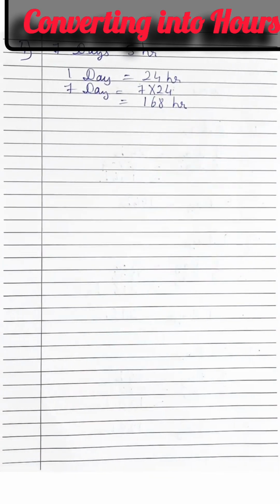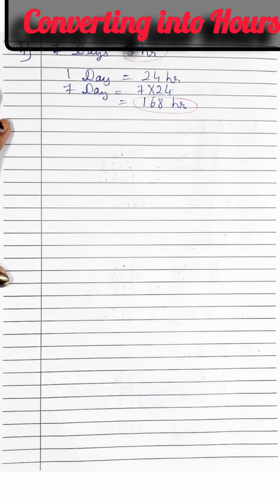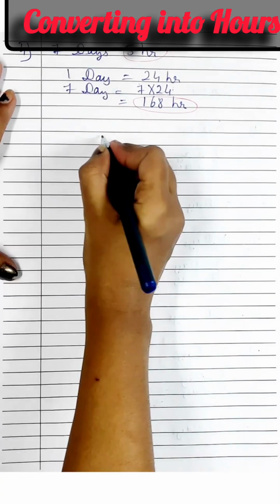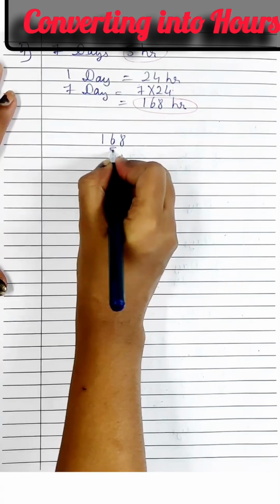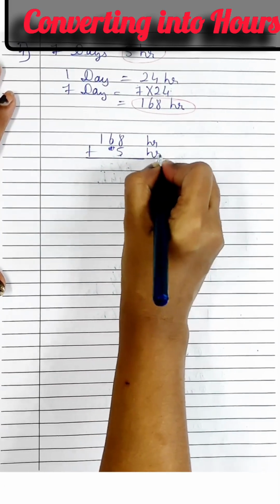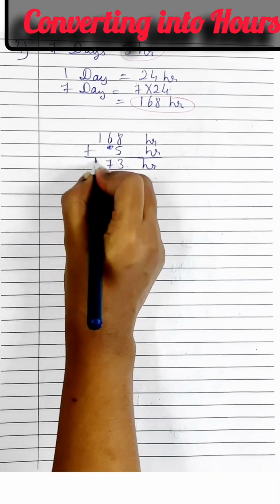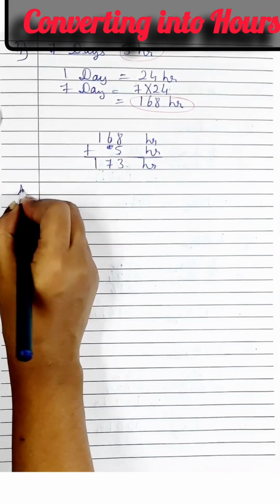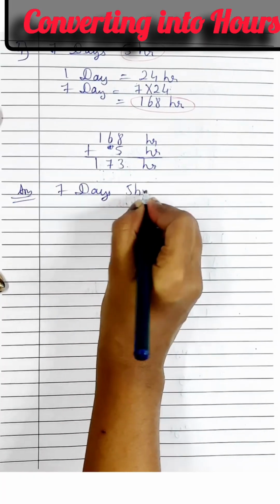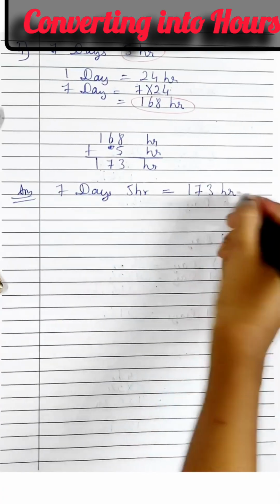Now you will add both the hours, because we have to convert our days into hours. So our total hours will be 173. So your answer is 7 days 5 hours is equal to 173 hours.